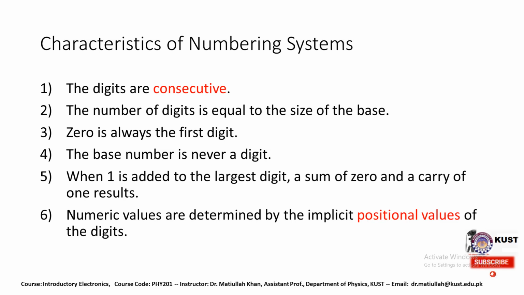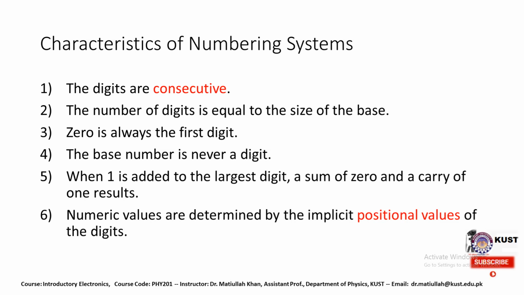So 0 is always the first digit in all the number systems, even if it is binary, octal, decimal or hexadecimal. So the base number is never a digit. When 1 is added to the largest digit, a sum of 0 and a carry of 1 results.